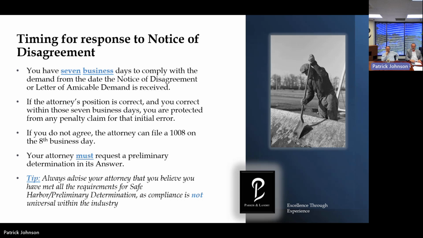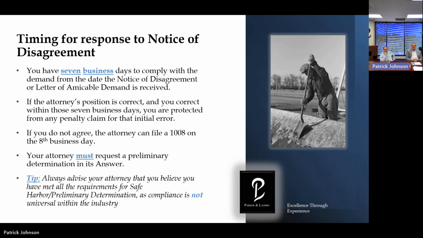So what do you do now? Well, it's now out of your hands, but you need to make sure that you understand the process so that you can make sure your attorney is doing the things that need to be done to protect you. So the attorney gets the 1008 and prepares an answer. And the attorney doesn't see in your claim notes that you sent this out on the day it was supposed to be sent out, that you sent it by certified mail, that you've got proof of this and proof of that, whatever.